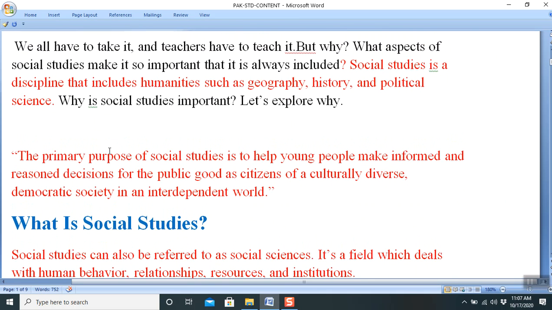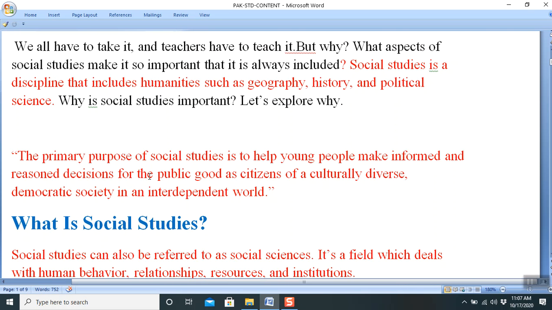Well, the primary purpose of social studies is to help young people make informed and reasoned decisions for the public good as citizens of a culturally diverse democratic society in an interdependent world. Now, the question is, what is the purpose of teaching social studies or country studies or Pakistan studies?